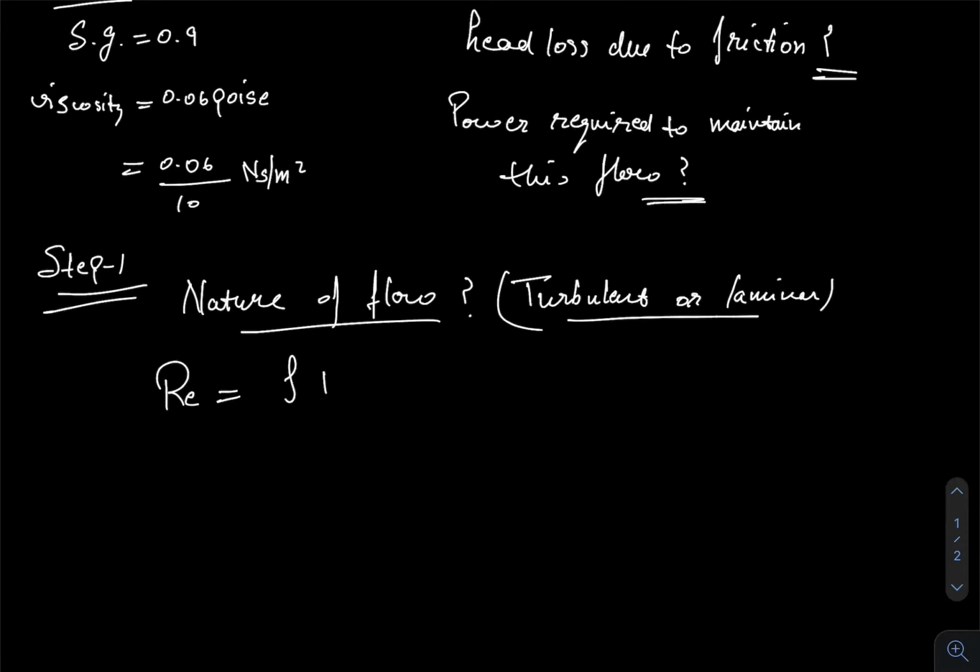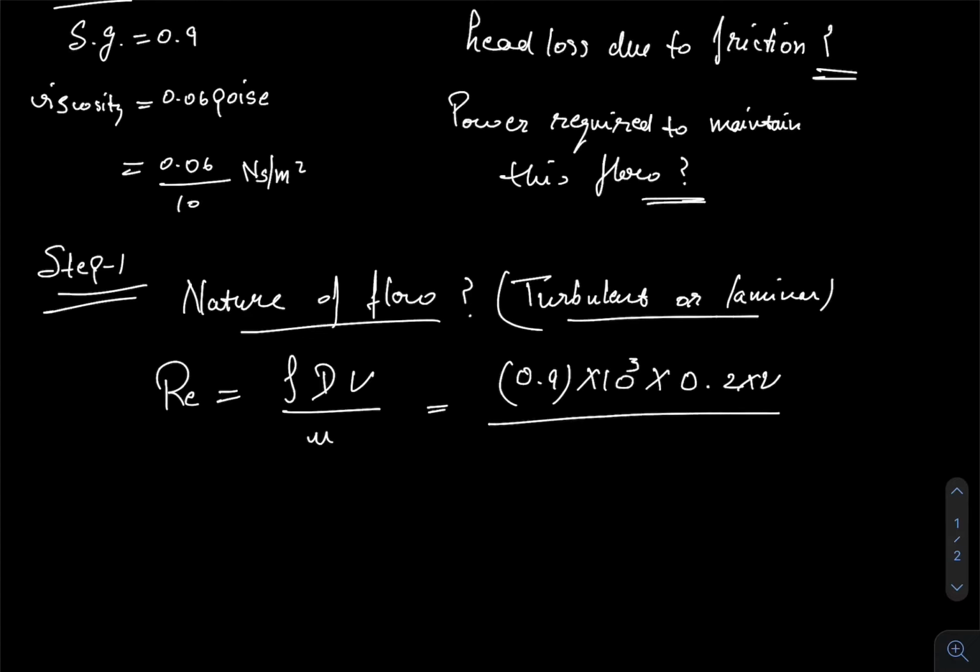Reynolds number is rho dV by mu, which is equal to 0.9 into 10 raised to power 3 multiplied by 0.2 into V divided by mu. Mu is 6 into 10 raised to power minus 3.